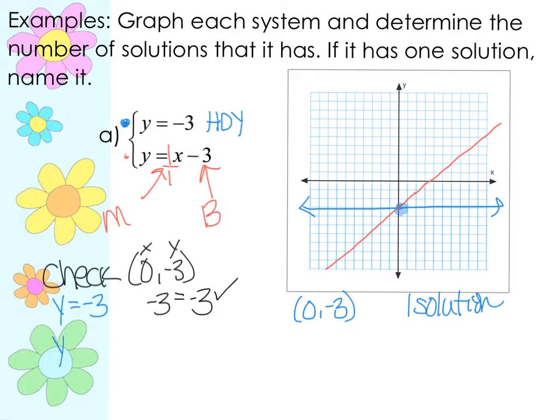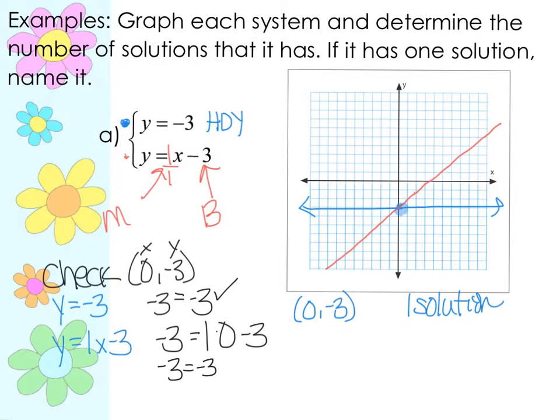Now I'm going to check in the second solution or second equation. There's my original. And where I see the x's and y's, I'm going to put in the corresponding number. Y is negative 3 in my ordered pair. X is 0. And then we can use our calculators to check. 1 times 0 minus 3 is negative 3.